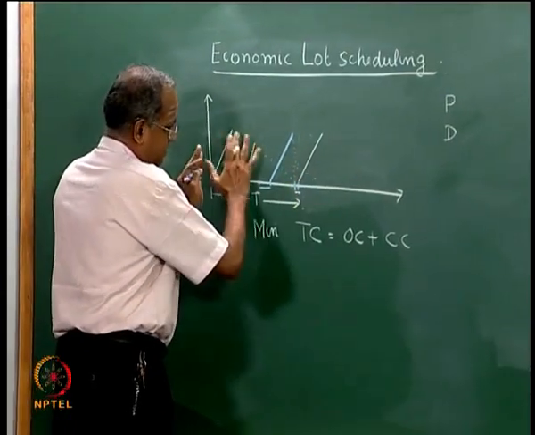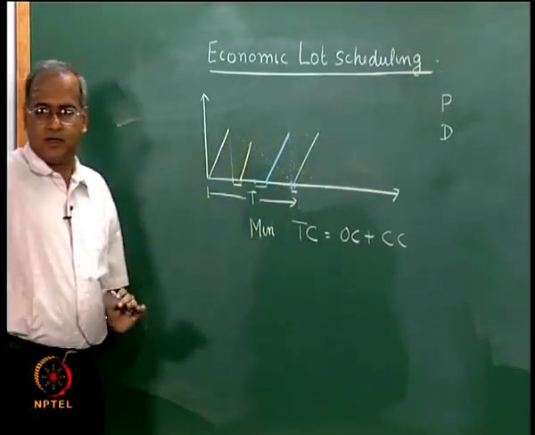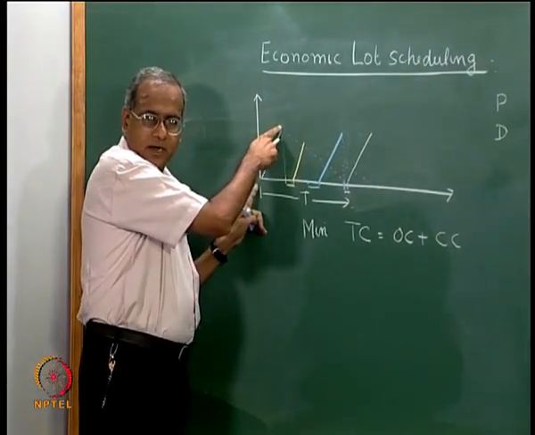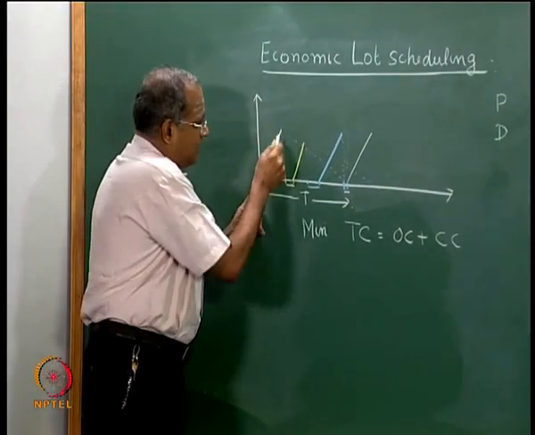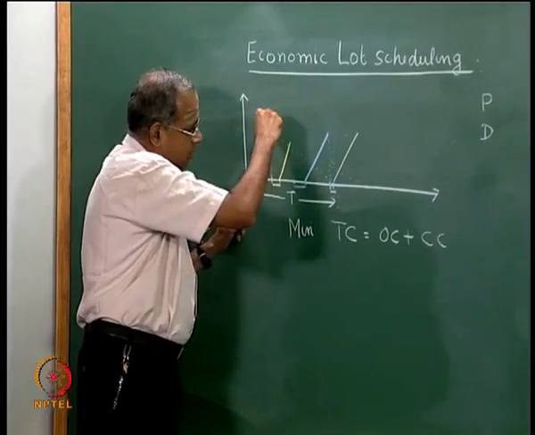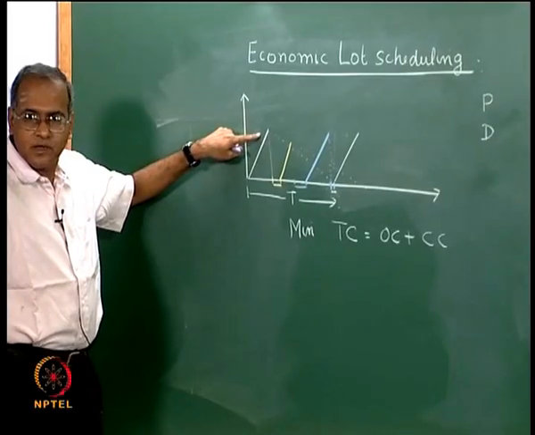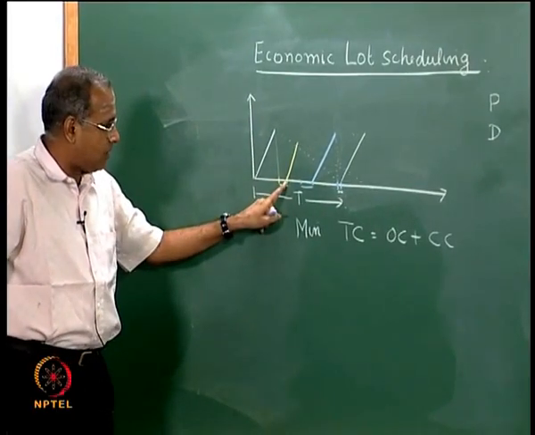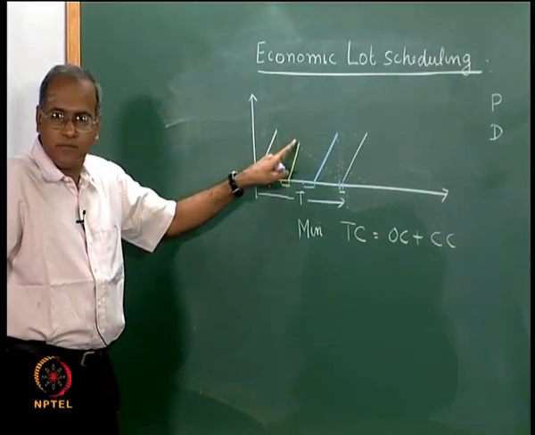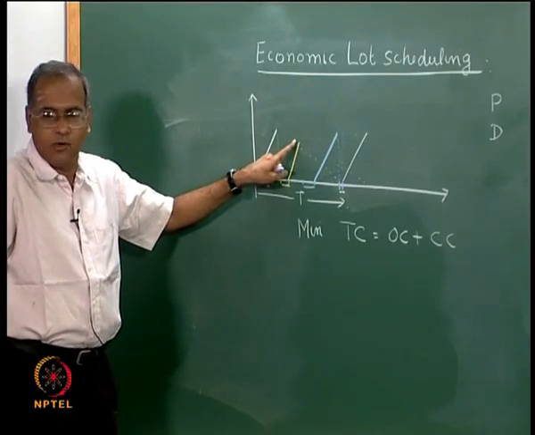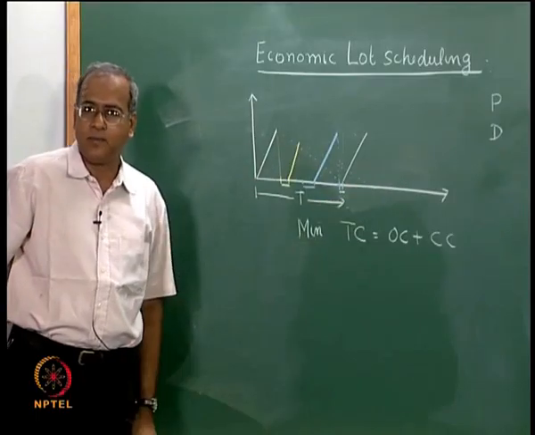when we started doing this, we said, now I am building up inventory for this at the rate of P minus D, and then when I consume this, which is shown by the white dotted line, I have built up enough inventory here. Similarly, when I start this yellow, I am building up inventory here, and then I stop producing the yellow and I consume the yellow for a while.